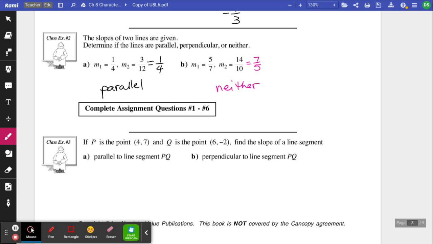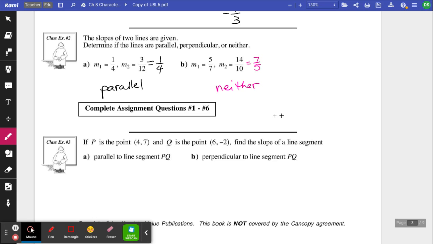Does it look perpendicular? They're not parallel. The slopes are opposite, which means they're perpendicular. Do you see how they look perpendicular? Everybody in favor? Okay. I'll get rid of this.